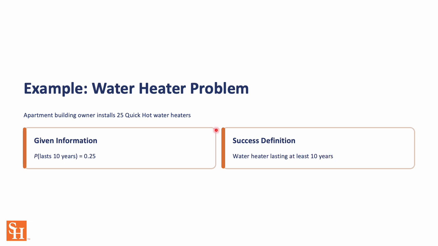So this is a binomial problem; the original problem is a binomial problem. Here n equals 25, the probability that it will last for 10 years is 0.25, and the definition of success in that case would be a water heater lasting at least 10 years, right?